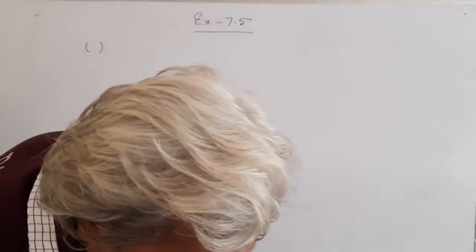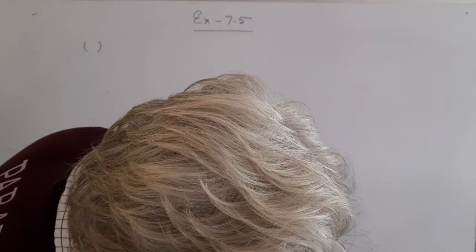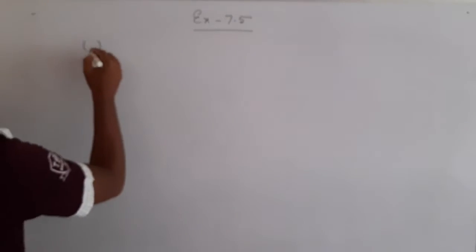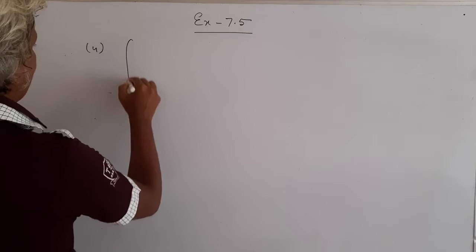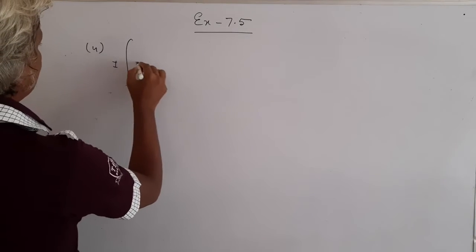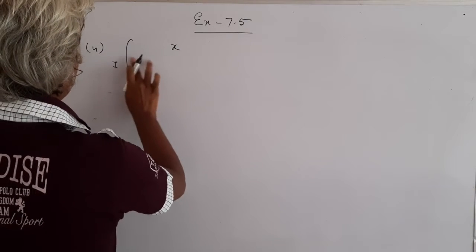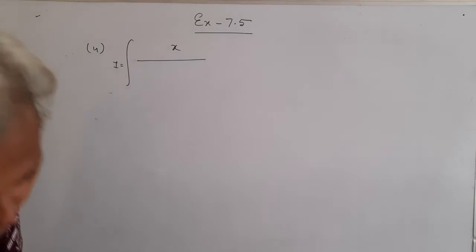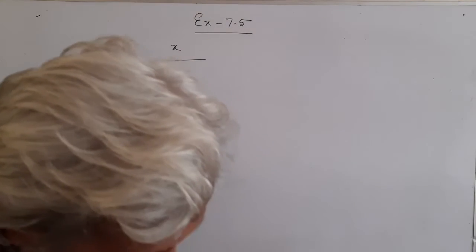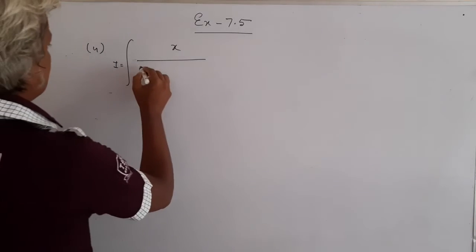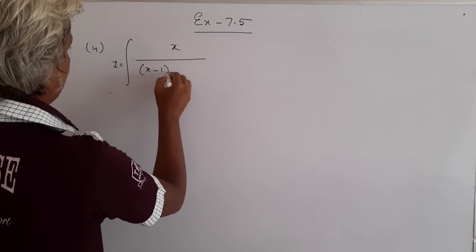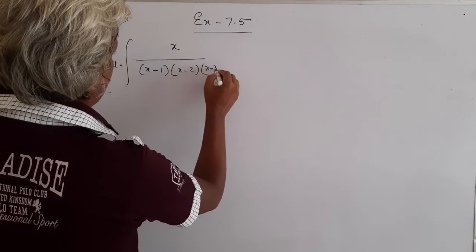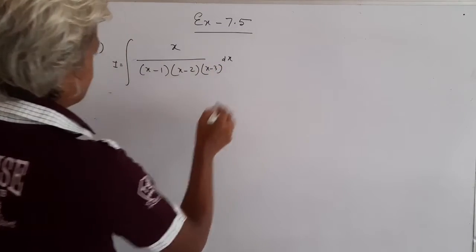This question is question number 4, I think. Yes, question number 4. It goes like, find the integral of I equals x over x minus 1, x minus 2, x minus 3 dx.